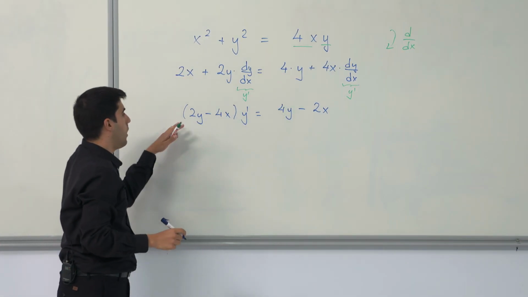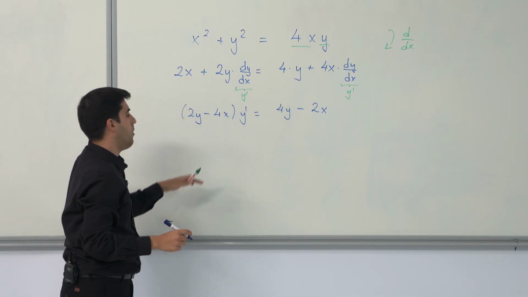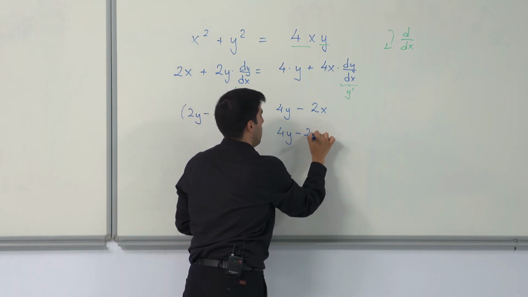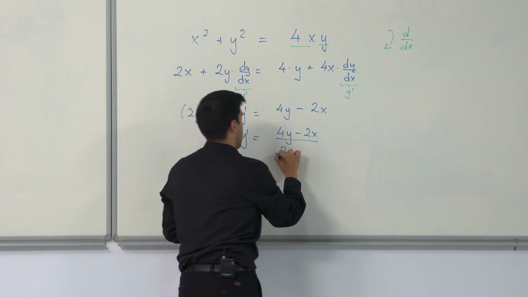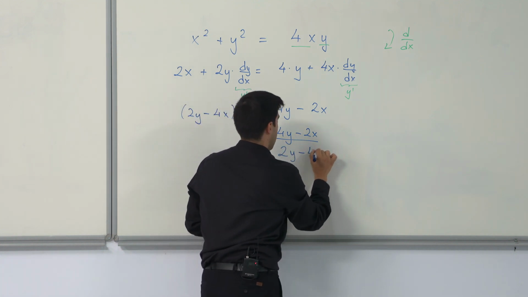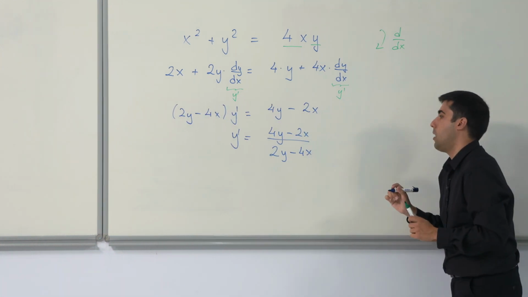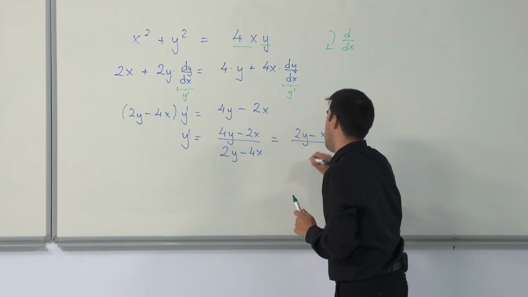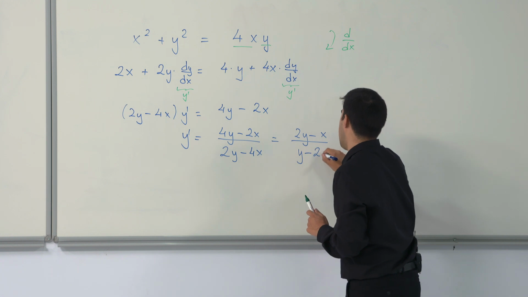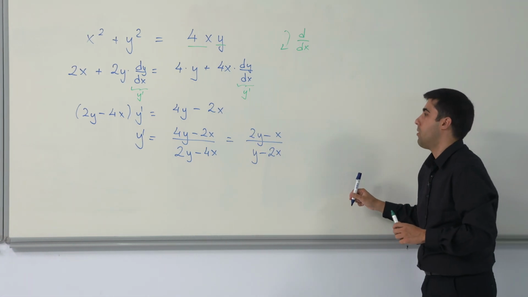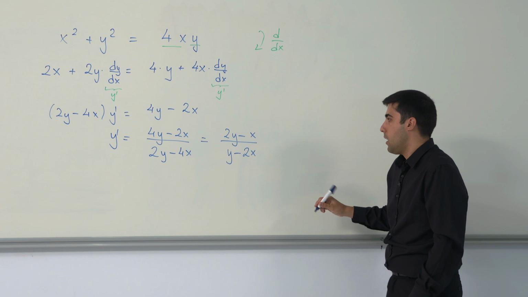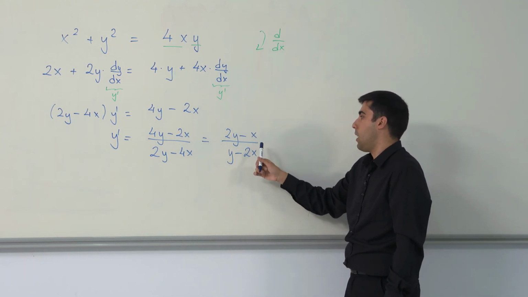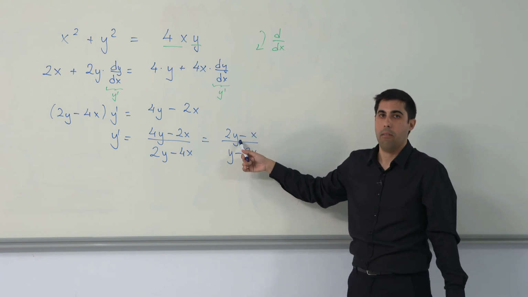So now, dividing by the 2y minus 4x on both sides, we have y prime equals 4y minus 2x over 2y minus 4x. And if you want, you can cancel out the 2's to obtain 2y minus x over y minus 2x as the derivative of y with respect to x. Note that in the expression of y prime, again we have not only x but also y's.